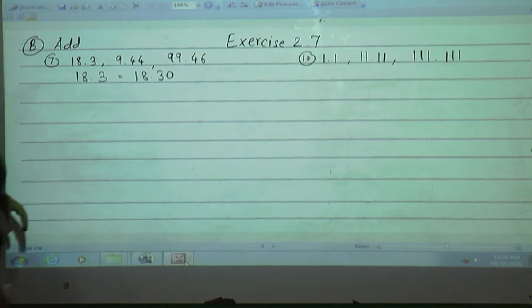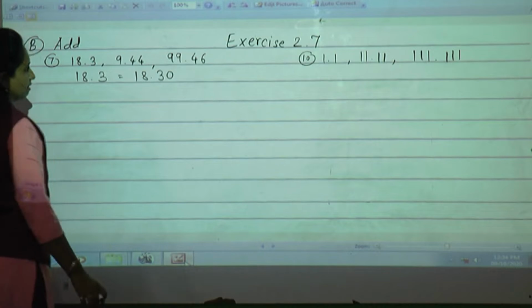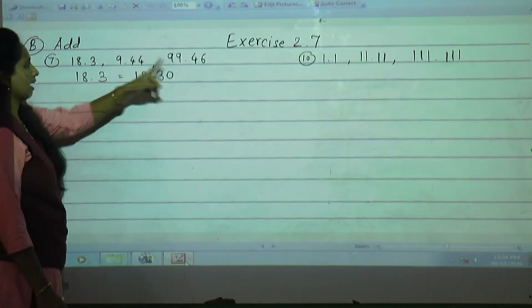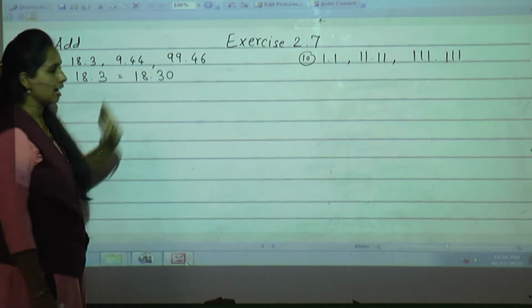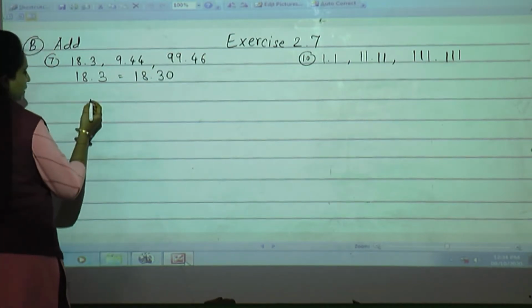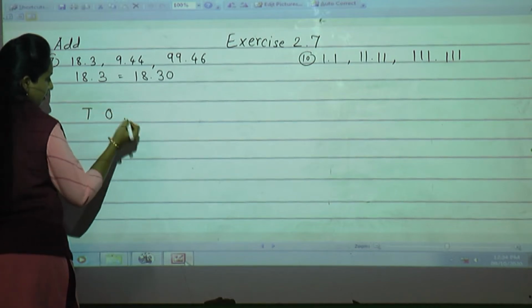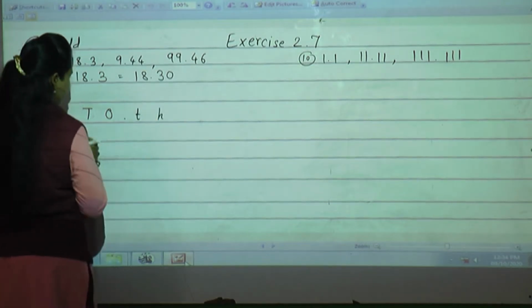So now we will write. Now we have 2 decimal places in all the numbers. See, ones and tens, and these 2 digits after the decimal are tenths and hundredths.